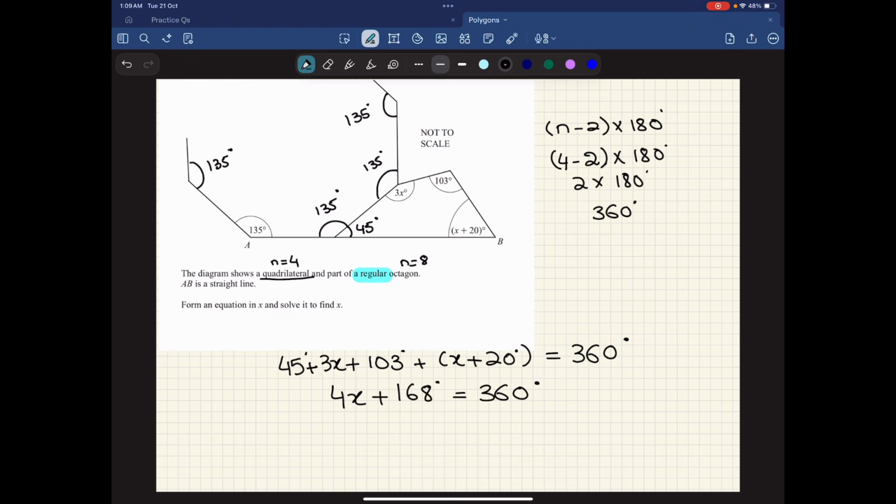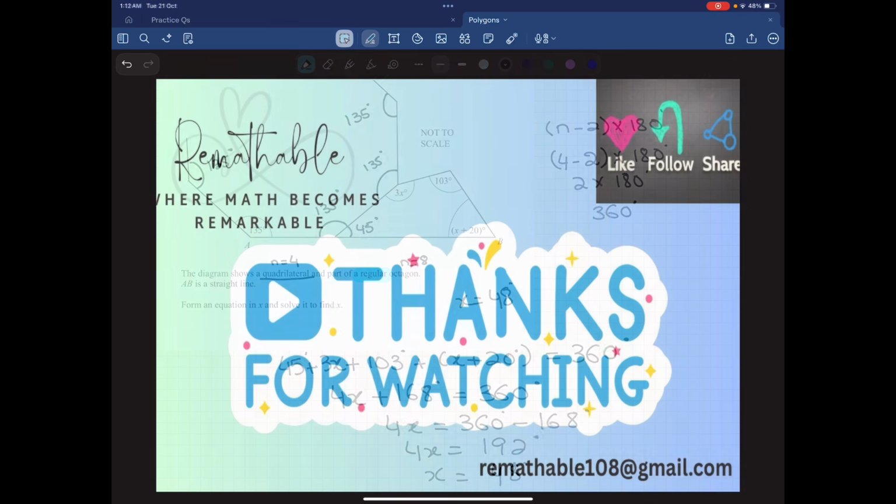So this is an equation in x, and let's solve it to find the value of x. So 4x is equal to 192 degrees, x is equal to 48 degrees. So x is equal to 48 degrees.